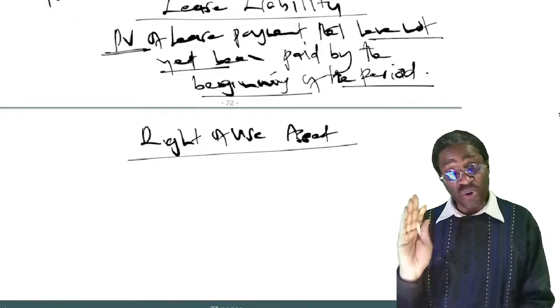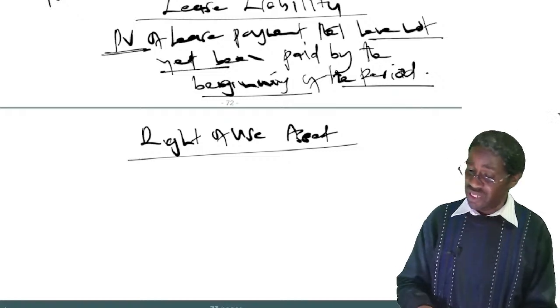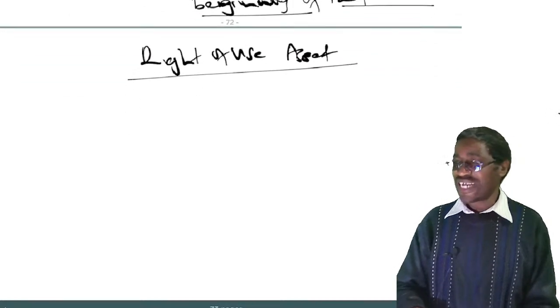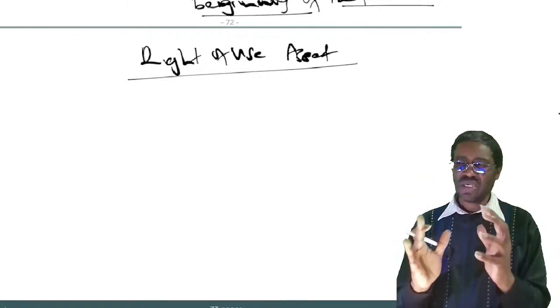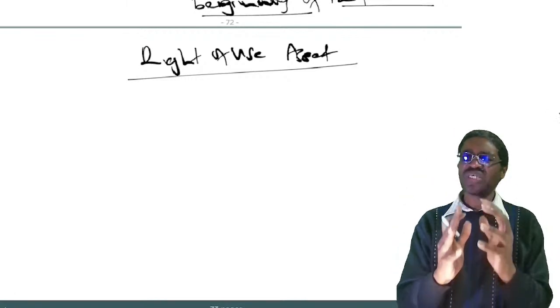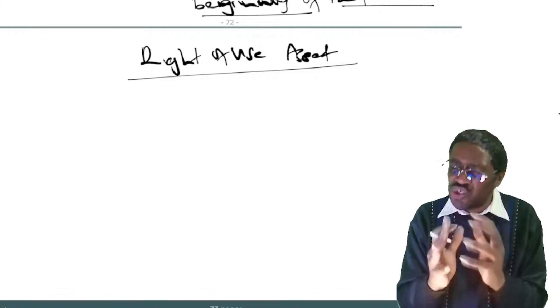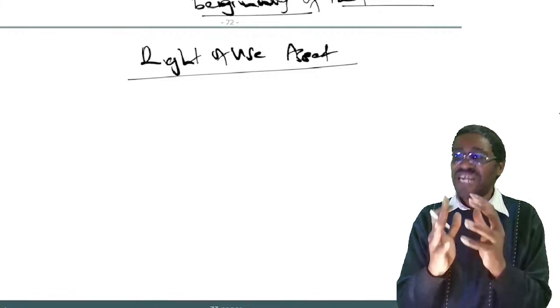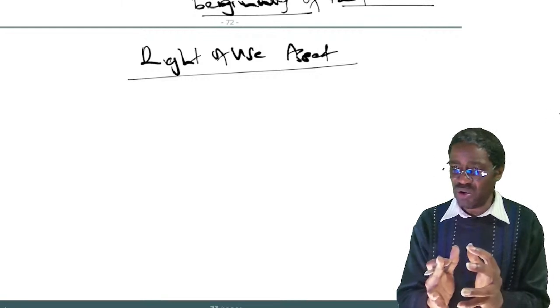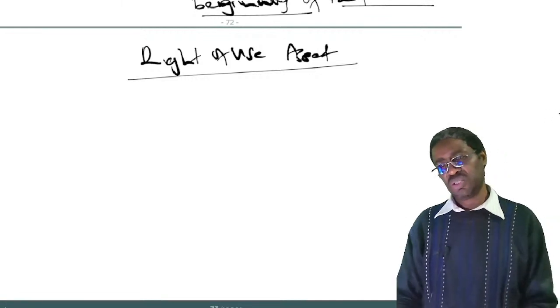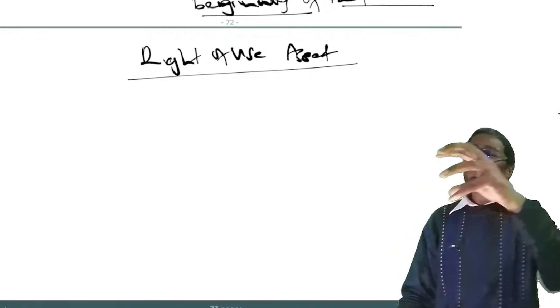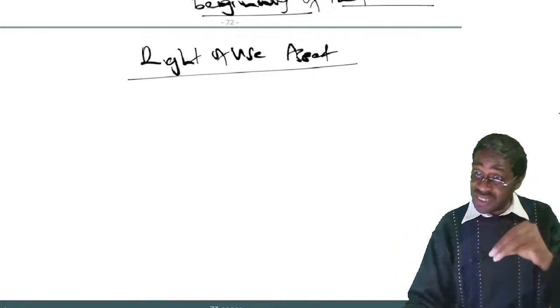I want you to follow carefully how we determine this amount, the right of use. I have said, in essence, we are looking for what is going to cost you in total to lease this motor vehicle up to the end of the lease period. How much will it cost you? Whatever it will cost you, that's what you look at as an asset now.